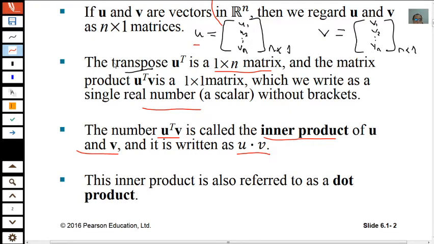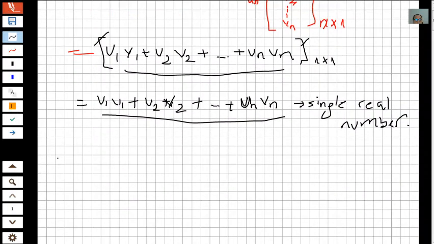In other words, the dot product or inner product of two vectors, denoted by u dot v, is a single real number, which is the matrix multiplication of the transpose of u and the vector v, written as u1 v1 plus u2 v2 plus and so on plus un vn.